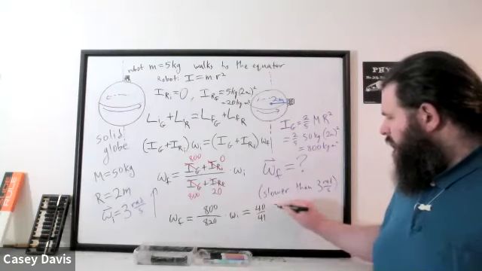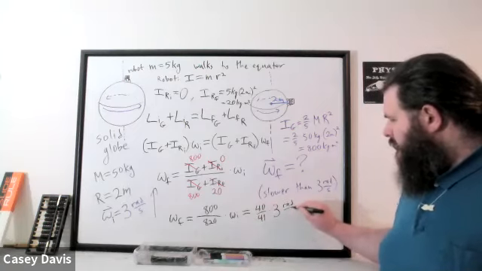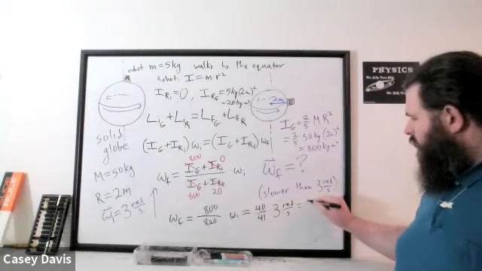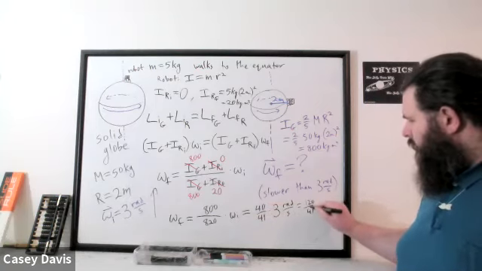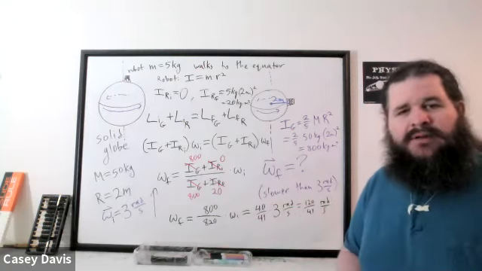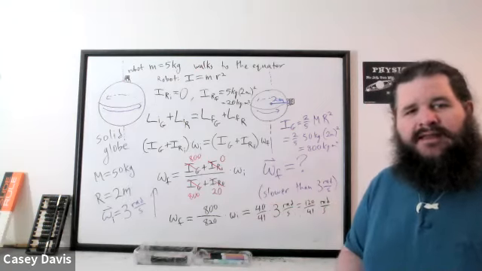Initial angular speed was 3 radians per second. So 40 times 3 over 41 would be 120 over 41 radians per second. So that is a little bit less than 3. It has slowed down very slightly.